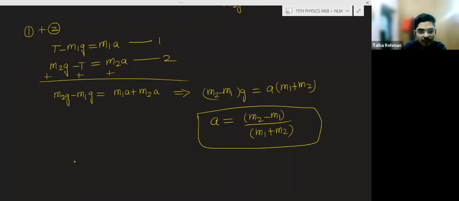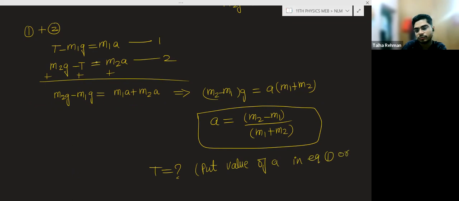And tension we can find when you put this value of a either in equation 1 or equation 2. So for finding the tension, put the value of a in equation 1 or equation 2.